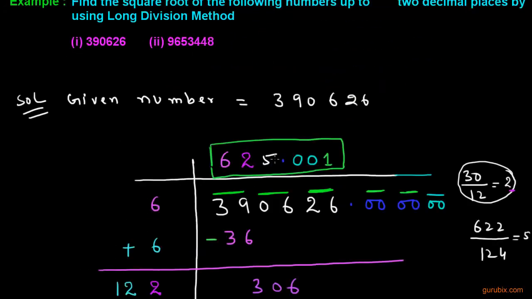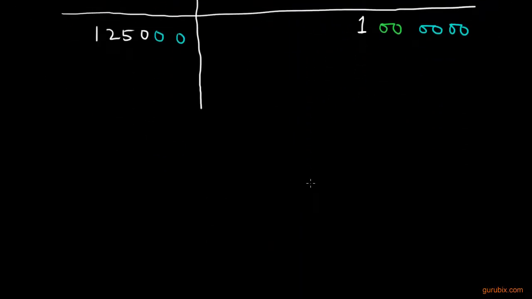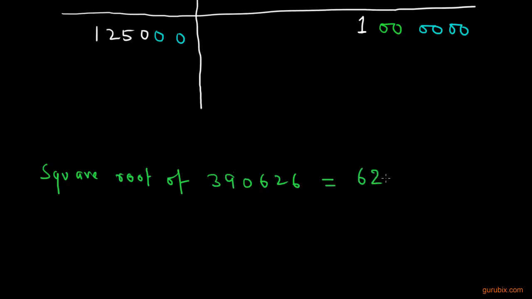So this is our approximate square root of the given number. So we can write here square root of 3,90,626 is equal to 625.001. This is our solution of the question. Thank you.